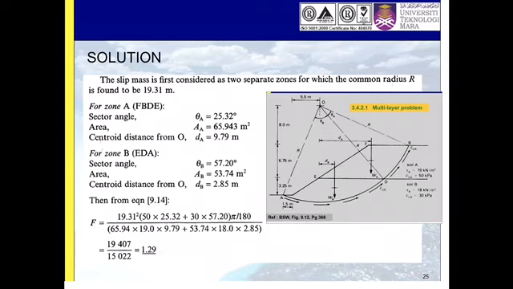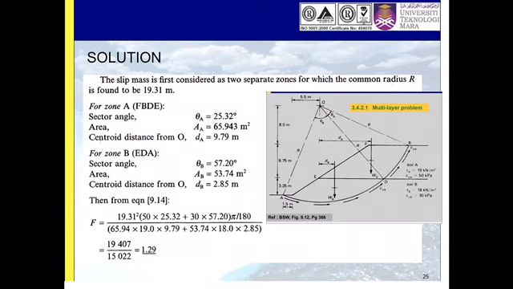So this is R squared. It still uses the formula Cu R squared theta over WD. We factor R squared. So R is 19.1, R squared times Cu times theta.